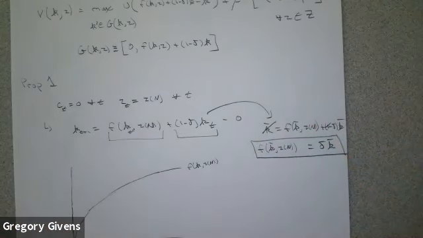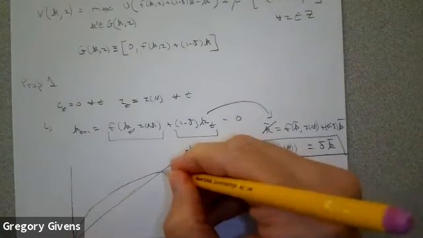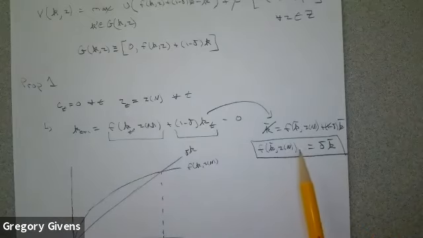K bar is implicitly defined by this condition, where the production function intersects the depreciation schedule. Hopefully that makes sense. If we consume nothing forever, and we generate the highest possible value of the technology shock every period, the capital stock is going to accumulate over time up to a point where every additional unit of output we produce is just barely enough to offset depreciating capital, right?